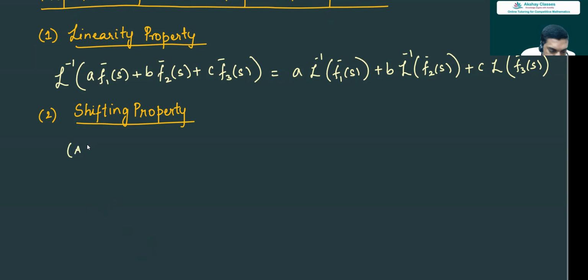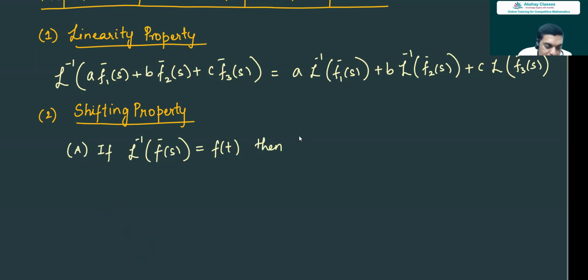So, if Laplace inverse of f bar of s is f of t, then Laplace inverse of f bar of s minus a, this we did, is e power at f of t. This we have already used in the problems that we have done.